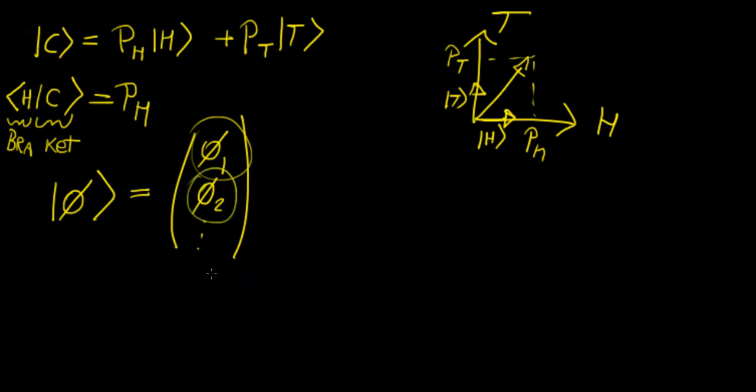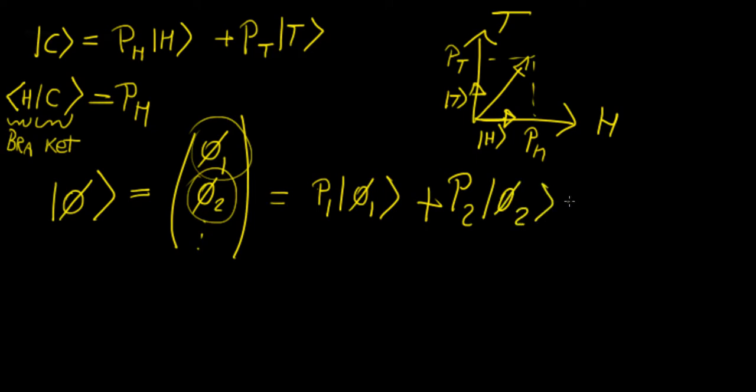This would be the second probability amplitude, corresponding to the second eigenstate, and so on and so forth. We can represent this with the same notation here: probability amplitude 1 times eigenstate 1 plus probability amplitude 2 times eigenstate 2, and we continue this for whatever number of elements define that particular system, phi.